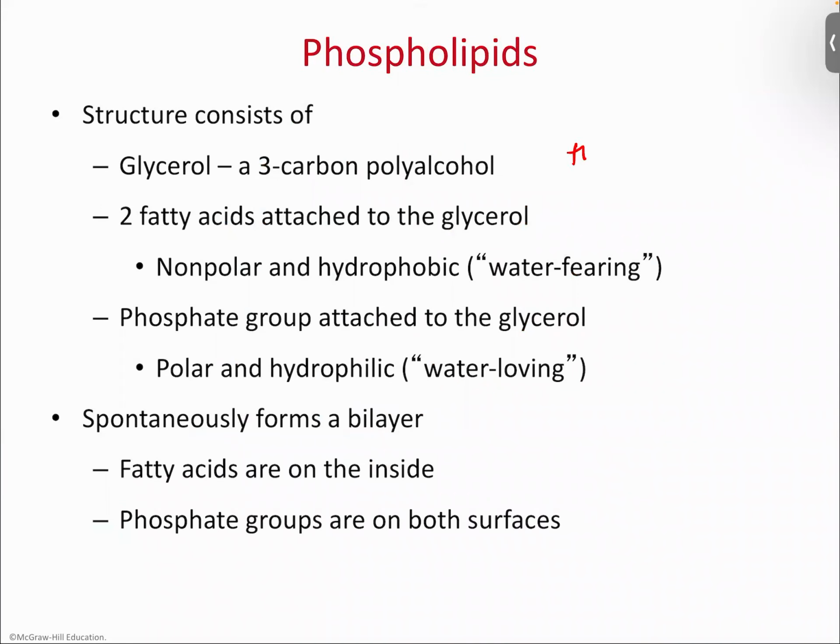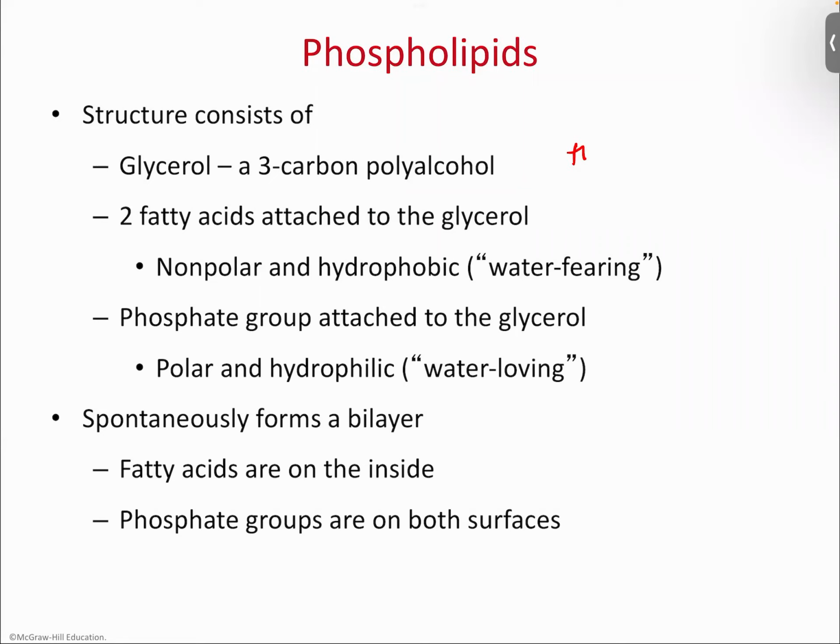So now let's go ahead and take a look at the other part of it. That is the membrane, right? We talked about the mosaicism part of it. Now let's talk a little bit about the fluidity piece. So we need to refresh our memories on the structure of the phospholipid.